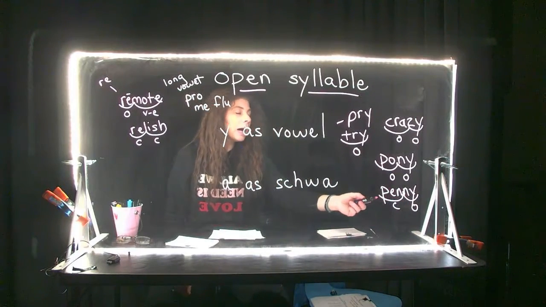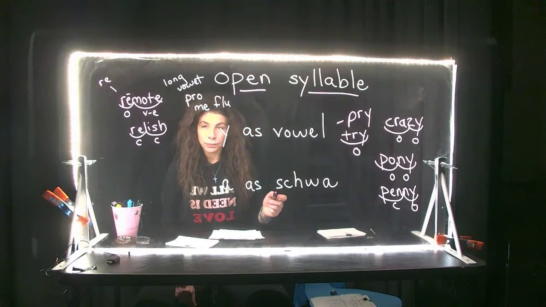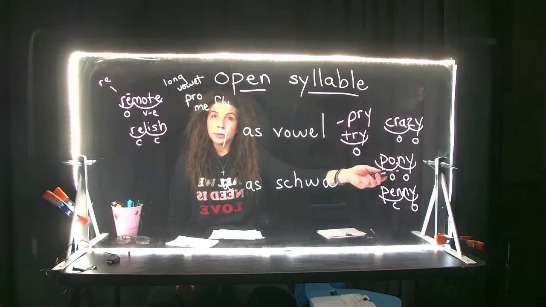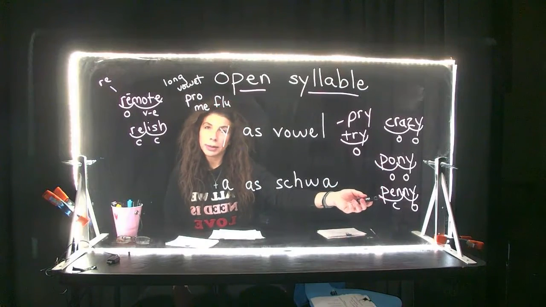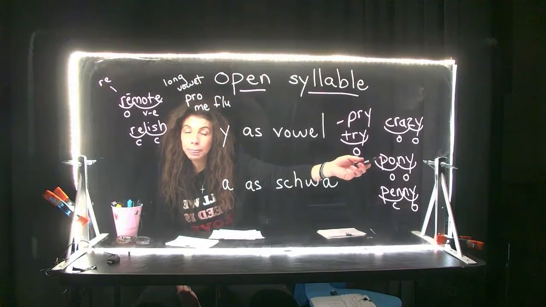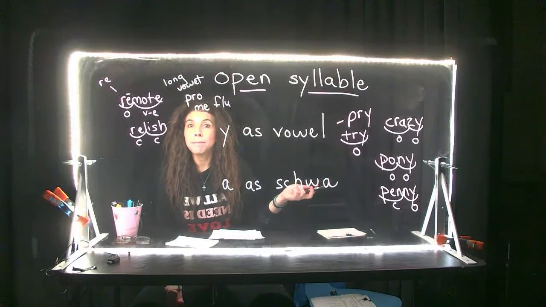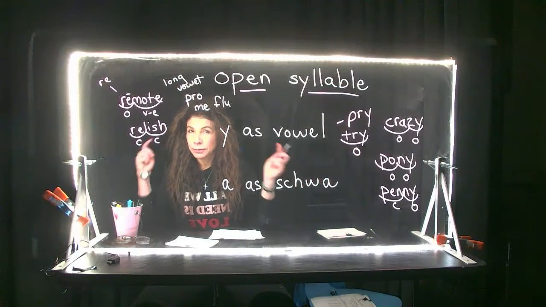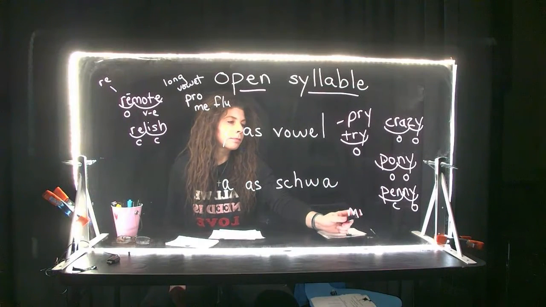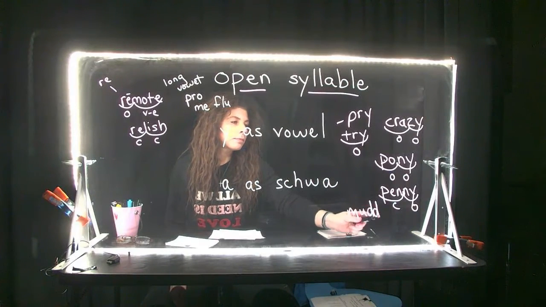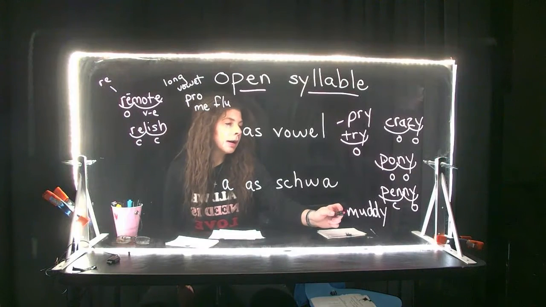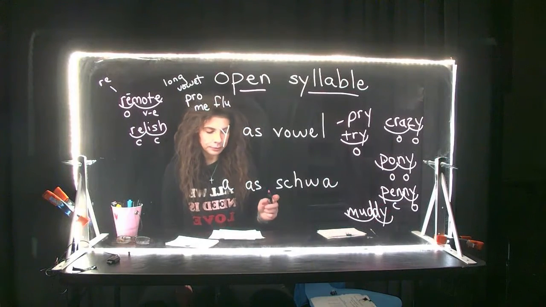I don't say peeny, I say penny. So we talked about that difference between an open syllable at the beginning and a closed syllable at the beginning. And that's why there's only one N in pony, but two N's in penny. Muddy. I don't say mooddy, I say muddy.